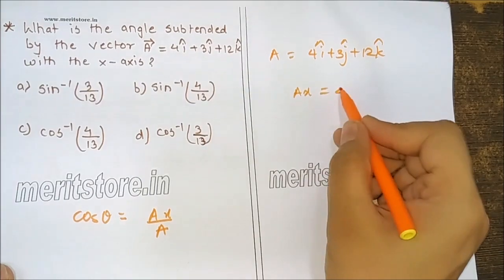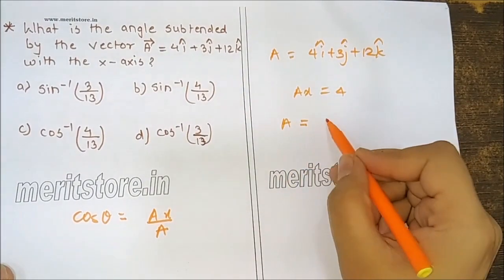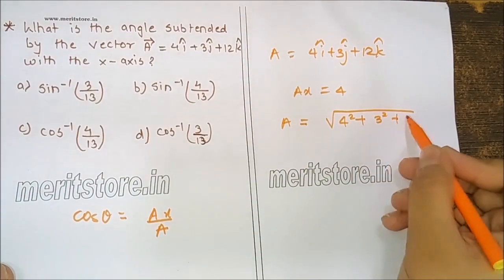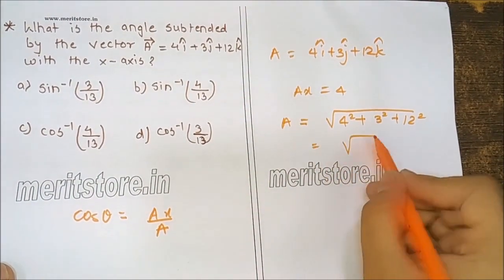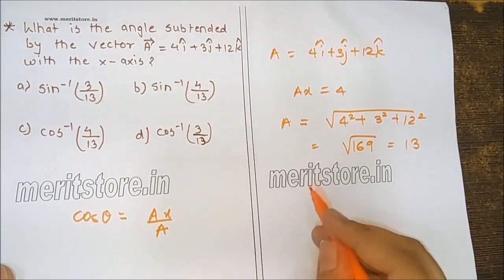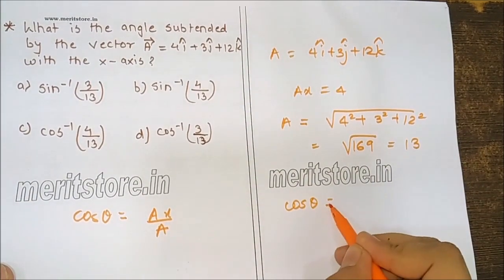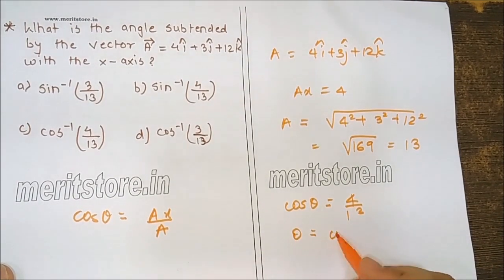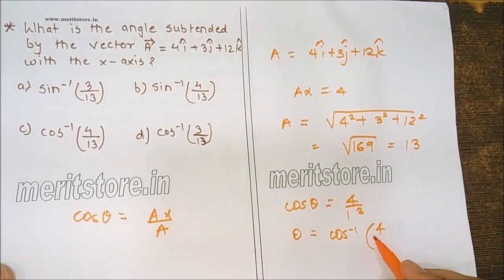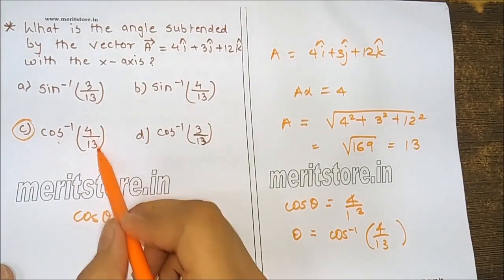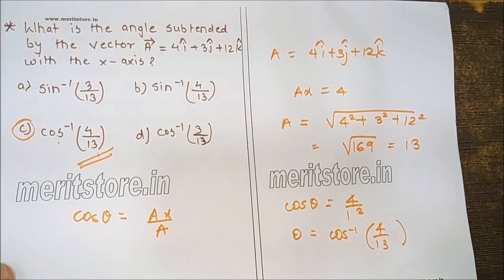Ax is equal to 4, but mod a will be square root of 4 square plus 3 square plus 12 square, which is equal to square root of 169, which is equal to 13. So cos theta is equal to 4 upon 13. Theta can be written as cos inverse of 4 by 13. So option C, cos inverse of 4 by 13, is the correct answer.